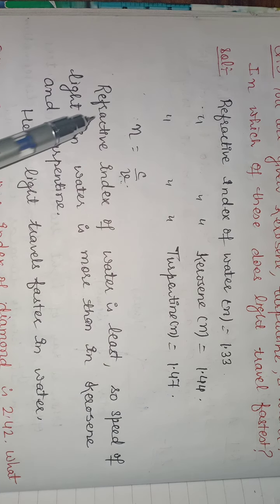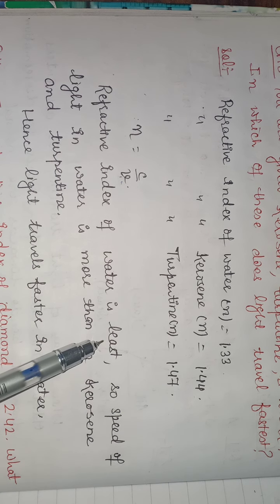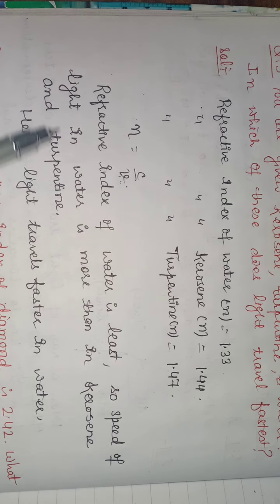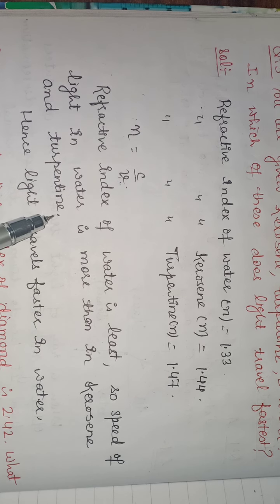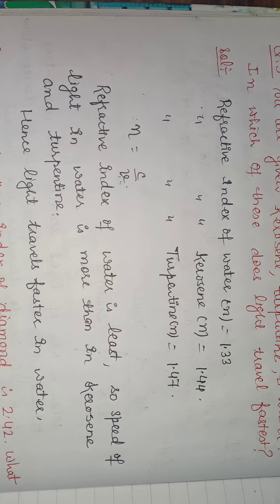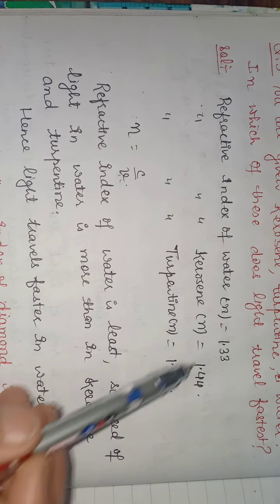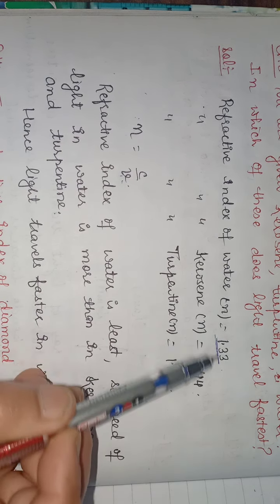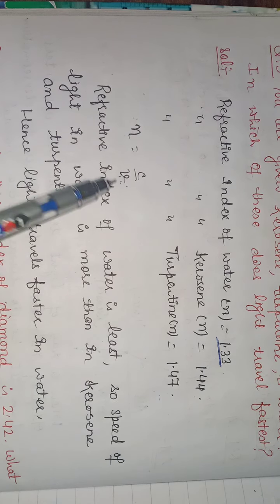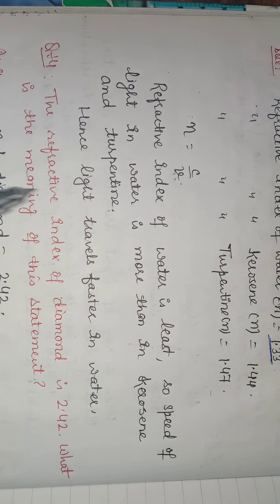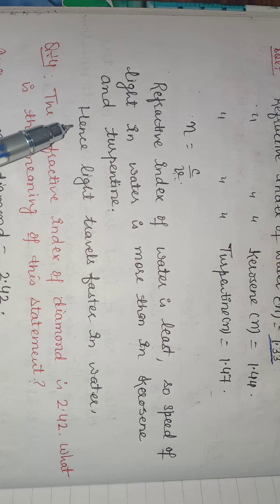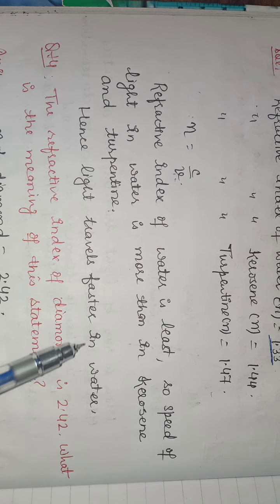So compare this: the refractive index of water is least, so the speed of light in water is more than in kerosene and turpentine oil. As I told you, they are in inverse relation with each other. Hence light travels faster in water.